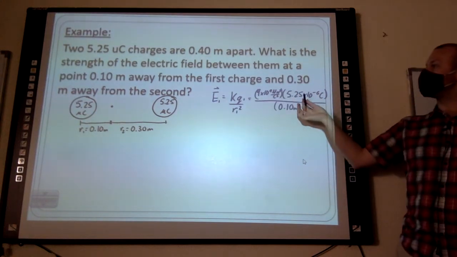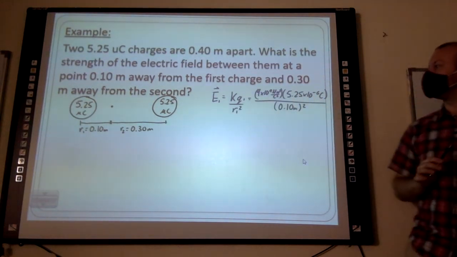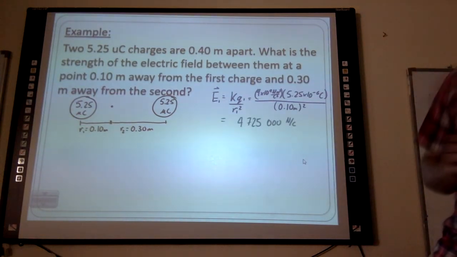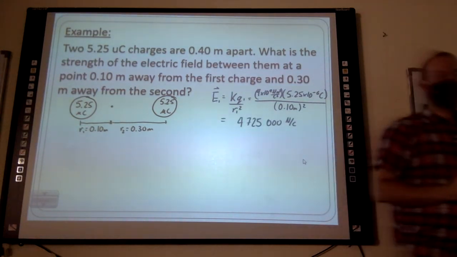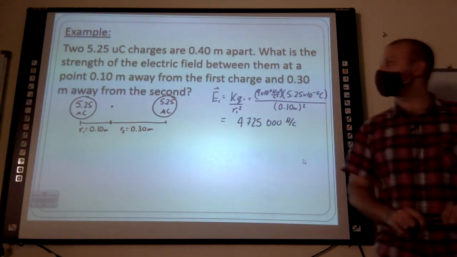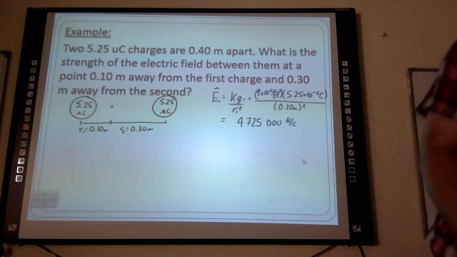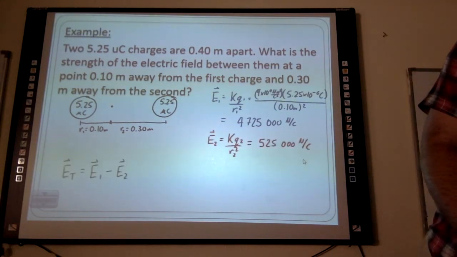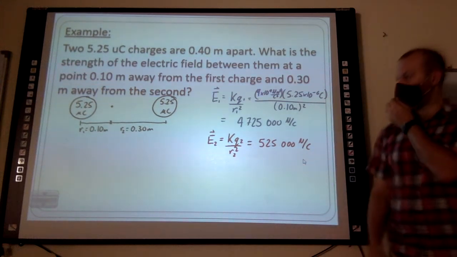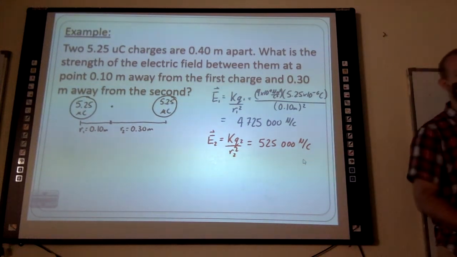So we've got K, we've got Q, we've got the distance between them. We get a number. Do the same thing for the other charge. The only thing that's going to be different is the distance between them. Now it's 0.3 instead of 0.1.